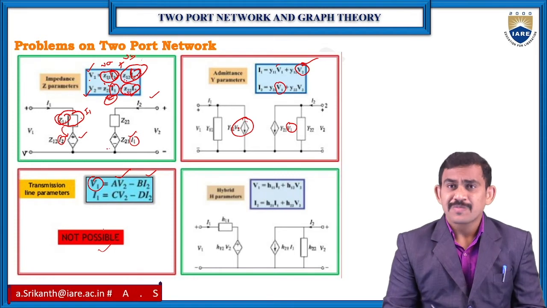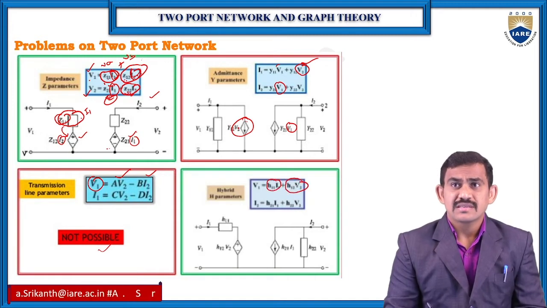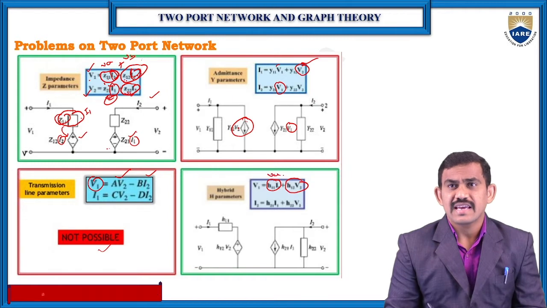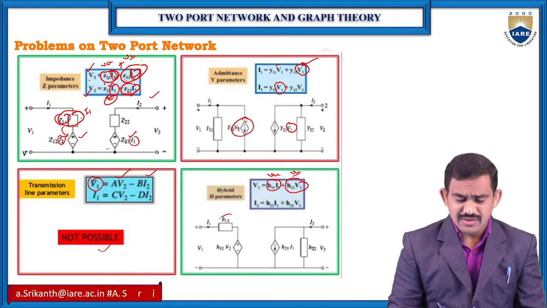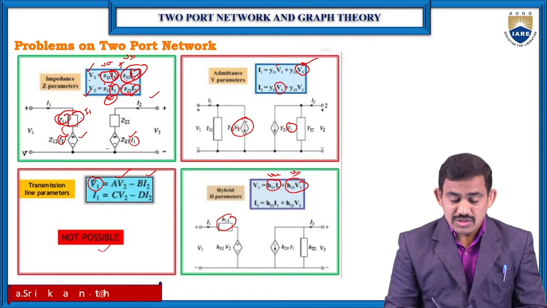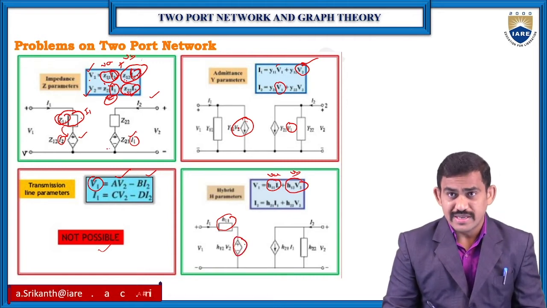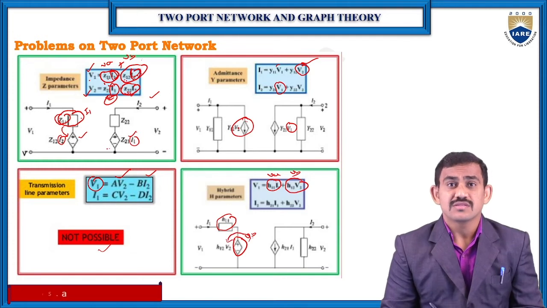Coming to H parameters, if you observe the primary side, this is a voltage and this is also a voltage, suppose VA and VB. So VA plus VB, here we have H11 into I1, but coming to H12 into V2, this is also a voltage source, VB, but this VB depends upon one more voltage source.